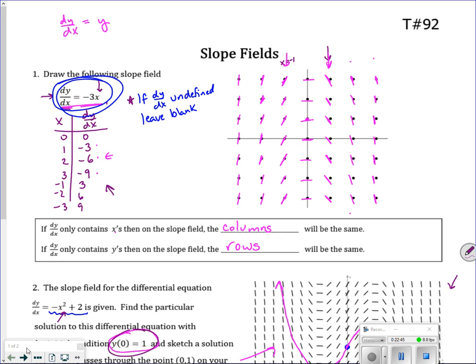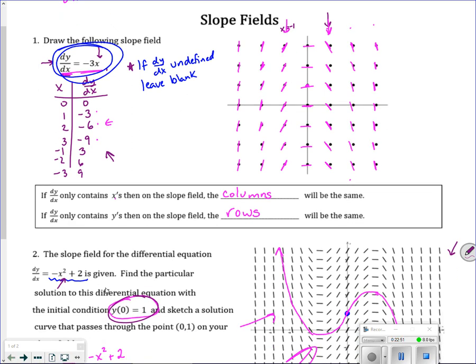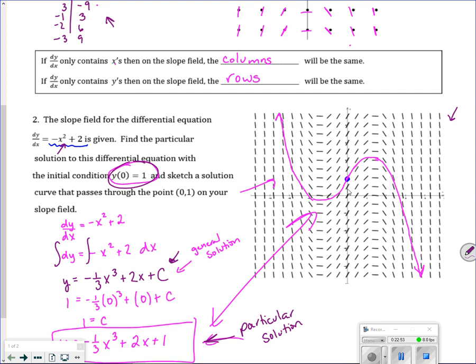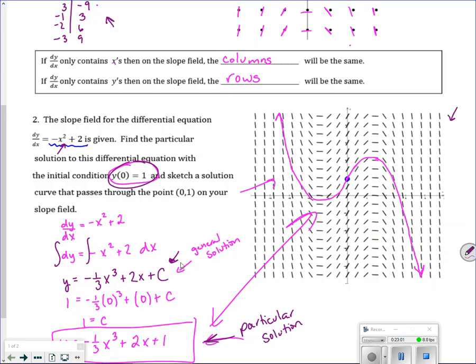Is it getting steeper, flatter, etc. You also would be responsible for drawing a solution curve through a particular point and finding its particular solution using differential equations, and we'll be doing that a lot the next couple days as well.